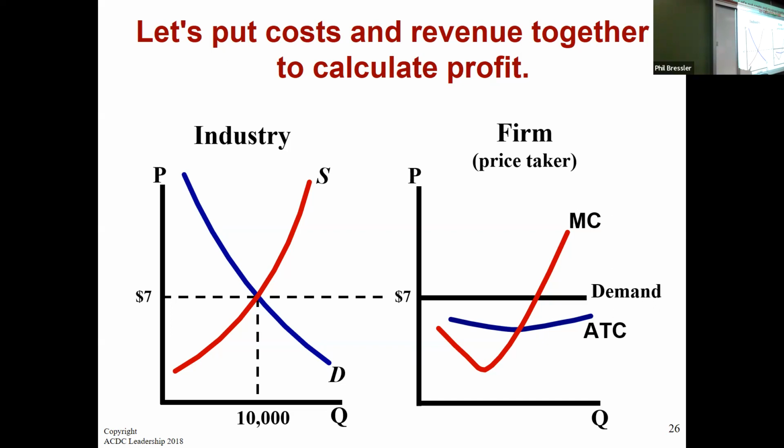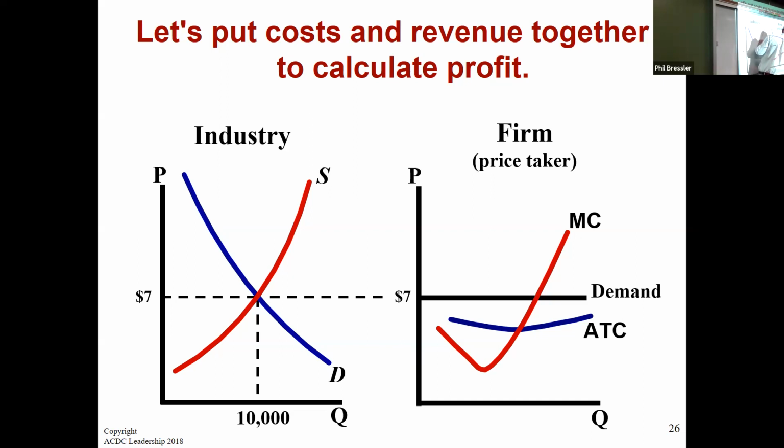Now, Teddy said we were gonna make profit. So let's look. The total revenue is 7 times 10. So that's 70. If I take where marginal revenue equals marginal cost down to my average total cost, now I want to find my total cost.